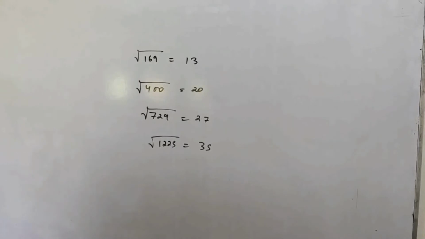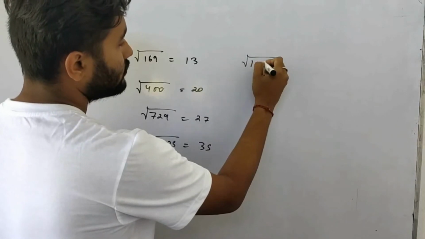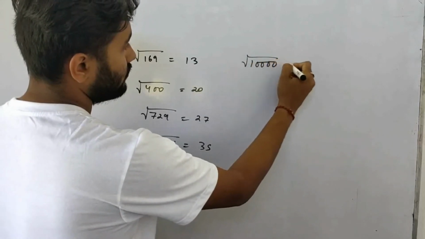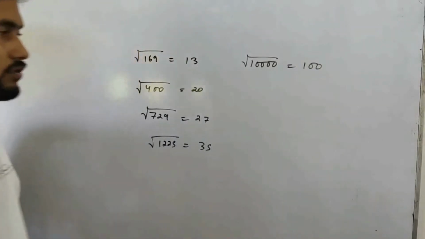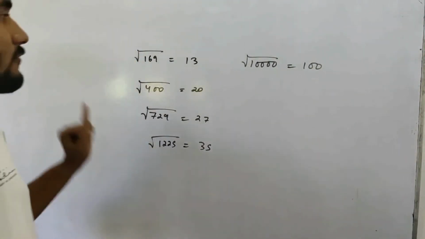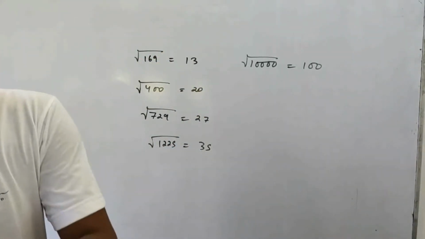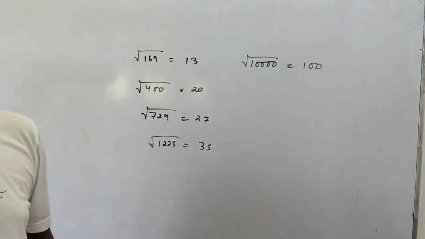Any 3-digit number square. Say like this, root over 10000 will be how much? 100. So what is the question? In this question they have not told you to find the square root. They have said, find the number of digits in the square root.